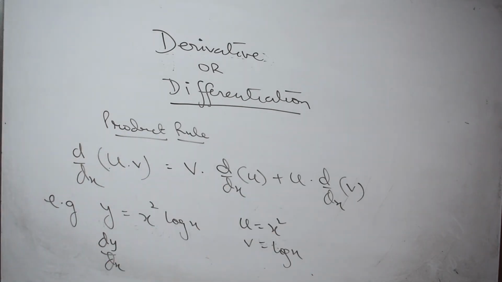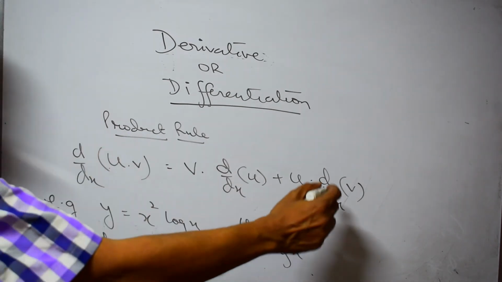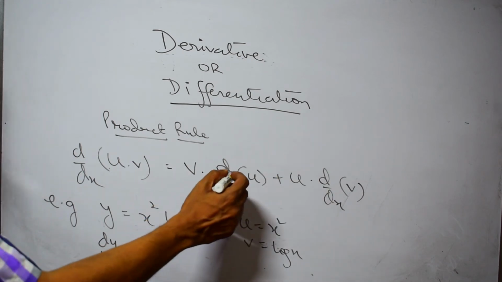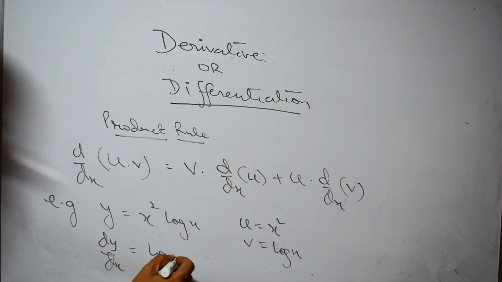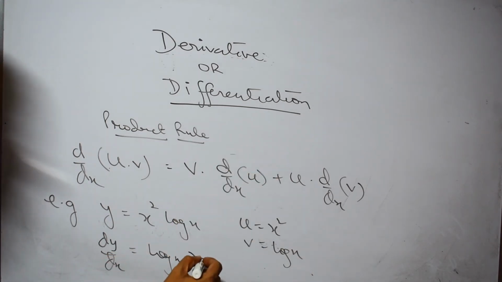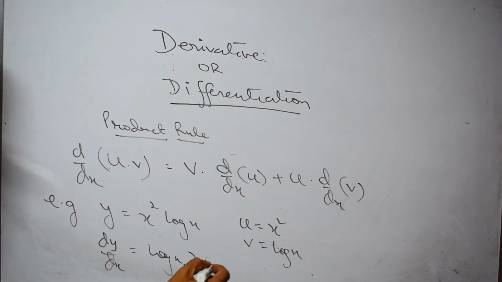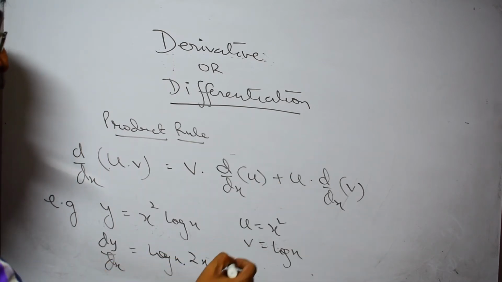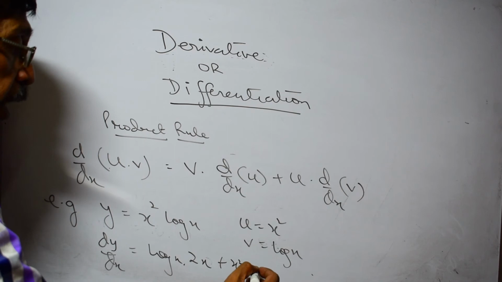According to the formula, log x, that is v, into the derivative of u, that is the derivative of x square, which is 2x to the power 2 minus 1, plus, now x square, that is u, into the derivative of log x, which is 1 by x.